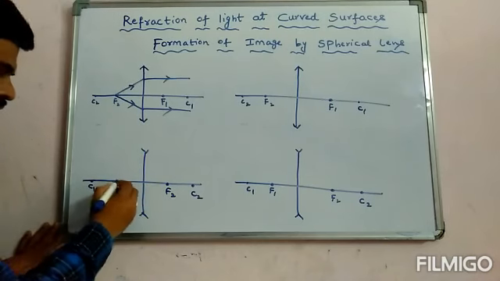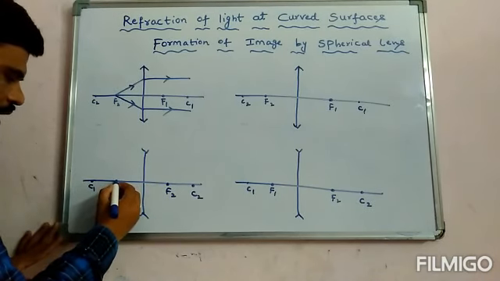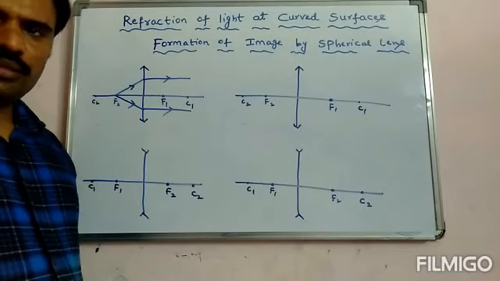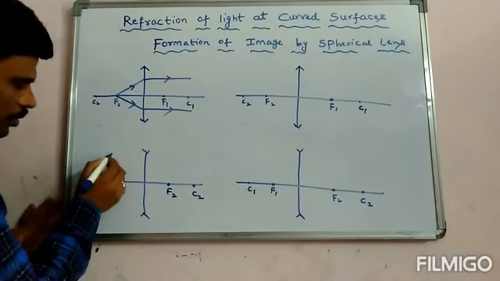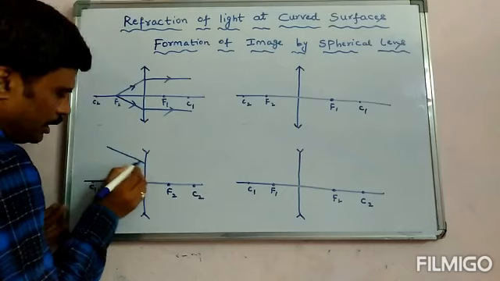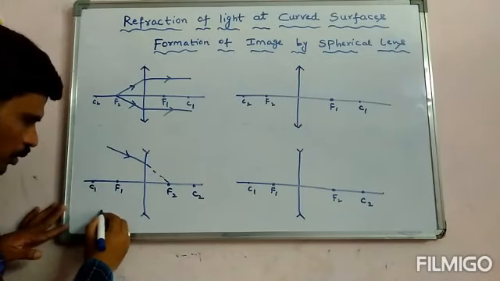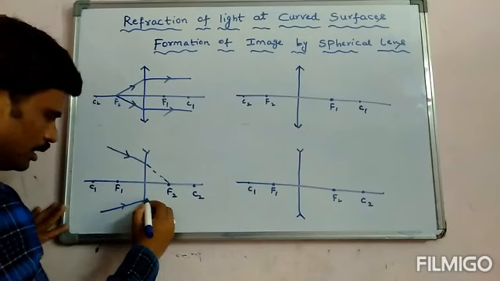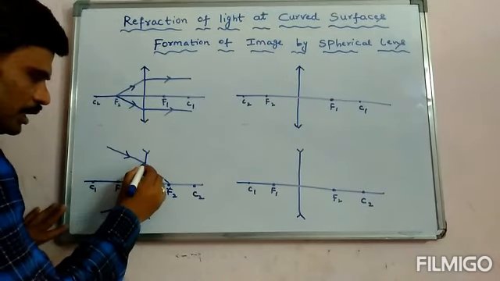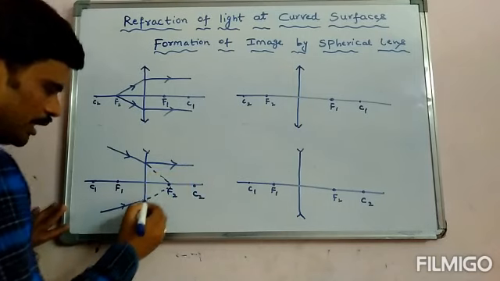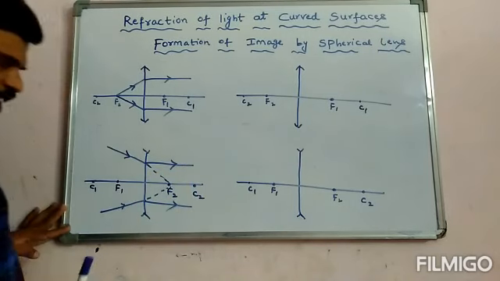In case of concave lens, if any ray incident on the focus, nothing but they appear to be passing through focus, then after refraction they will become parallel to principal axis.